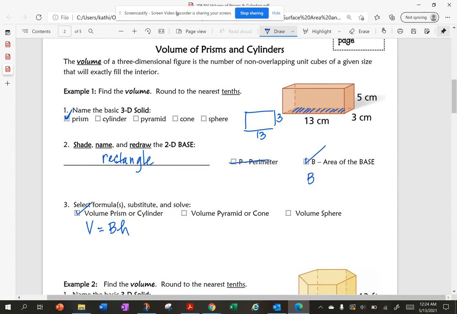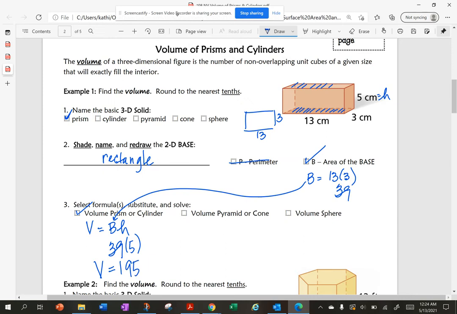So the area is 13 times 3, which is 39. Substituting in, this is going to be 39, and my height, the distance from base to base, is 5. So my volume is 195 centimeters cubed. This is three-dimensional.